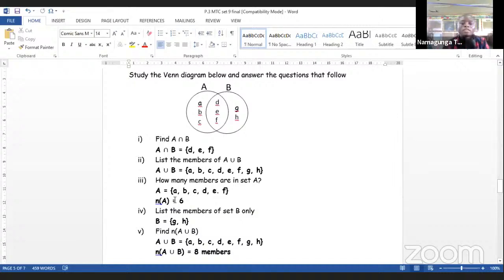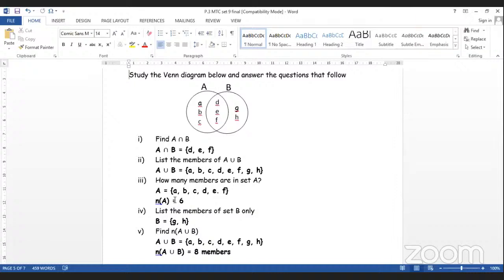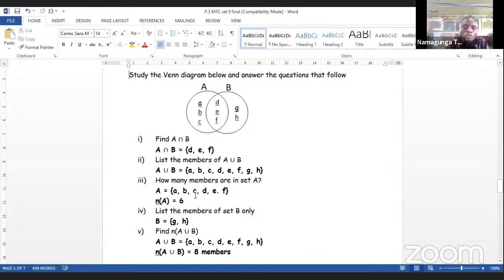Joseph Magero, can you tell us the number of members in set A? A, B, C, D, E, F. Very good. Now, what is their number?